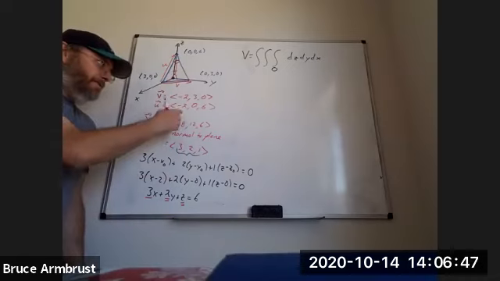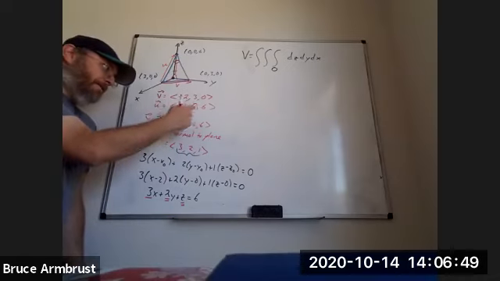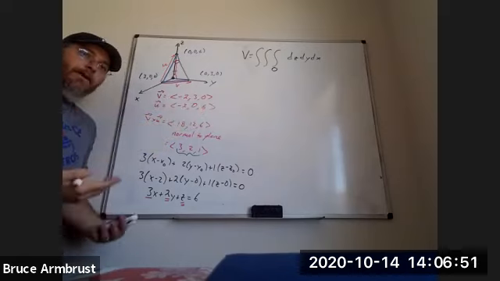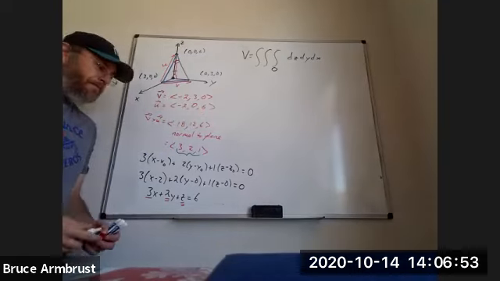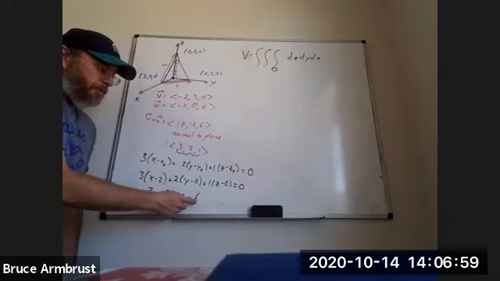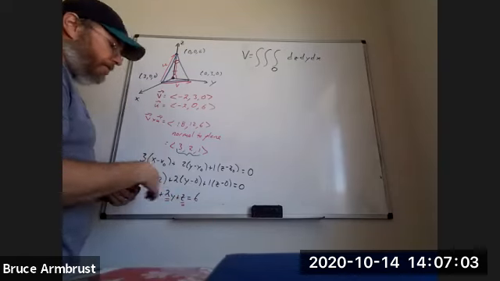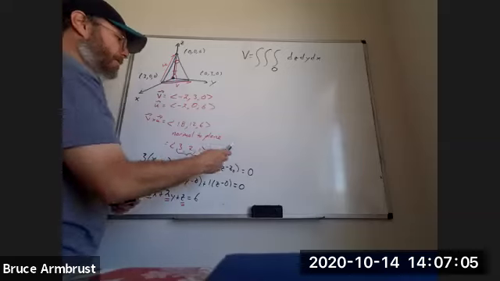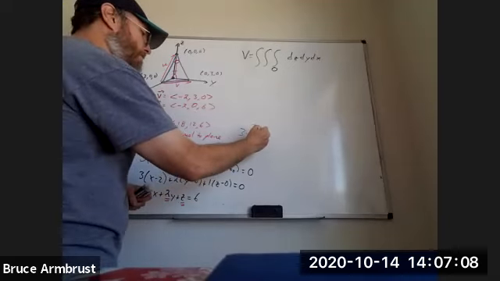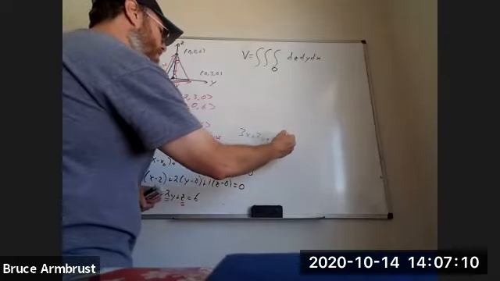Or if our normal vector was (-2, 0, 6), it would be -2x, 0y, 6z, or whatever it happens to be. And that's true every time? Every time. Cool. With your normal vector. But then we have to figure out what that number is, right? So that doesn't tell me anything about that 6. But what I do know, like I would start with, I know it's 3x plus 2y plus z equals.